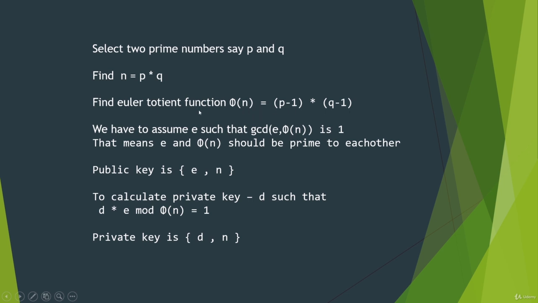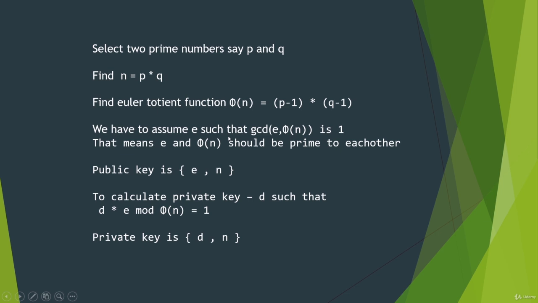The Euler totient function of a number counts the numbers that share no common divisor with it. For a prime number, the Euler totient function is p minus 1. We want to find it for n, which is why it is (p minus 1) into (q minus 1).